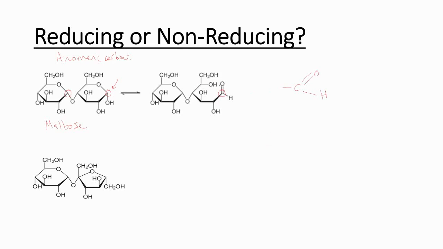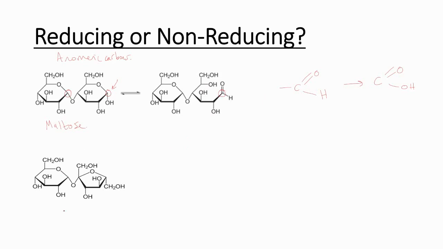Because of this ability for the anomeric carbon to switch between the ring form and this linear form, the aldehyde is able to react with copper 2+ and is oxidized to carboxylic acid. And at least one glucose molecule in this disaccharide is able to form this linear structure, allowing for this oxidation.